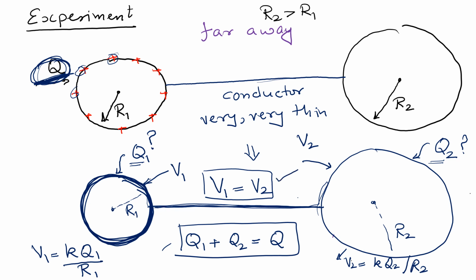We have an equation that the potential has to be equal, which is an equation in Q1 and Q2, and the total charge has to be equal to Q, the charge we started with. So let us use these two equations and try to calculate what the charges Q1 and Q2 would look like.